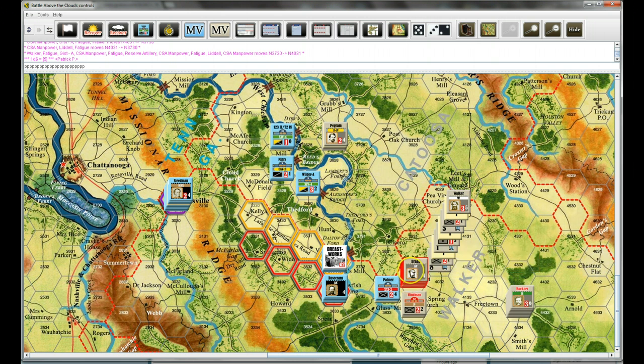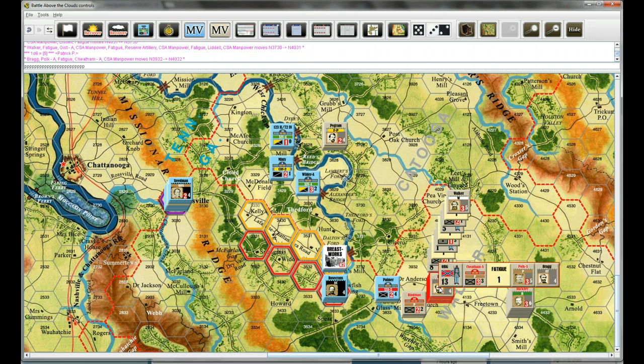This first step that he takes away to move into this church area here would cost the 1 for the road and the additional 1 because he's exiting out of Palmer's zone of control. So that is something you want to pay attention to when you're calculating your movement rates away from other zones.